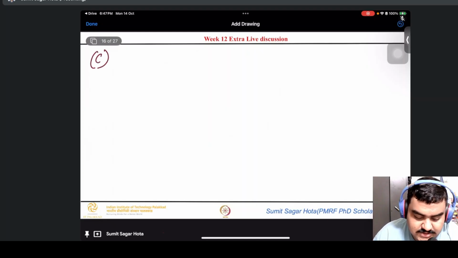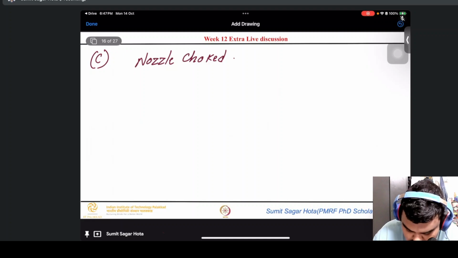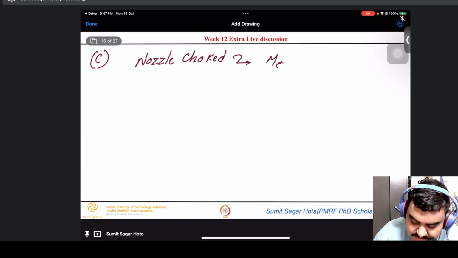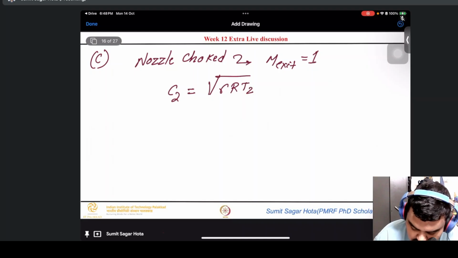Now, when the nozzle is choked, that means the exit Mach number is 1. So C2 is the square root of gamma R T2.